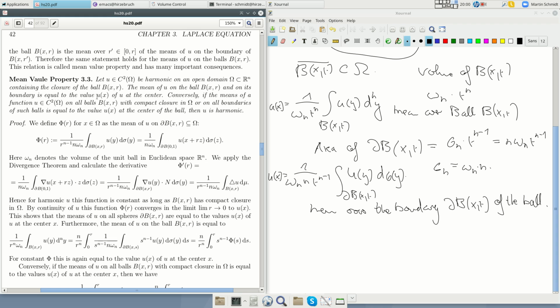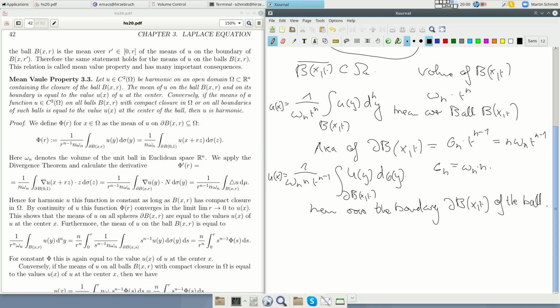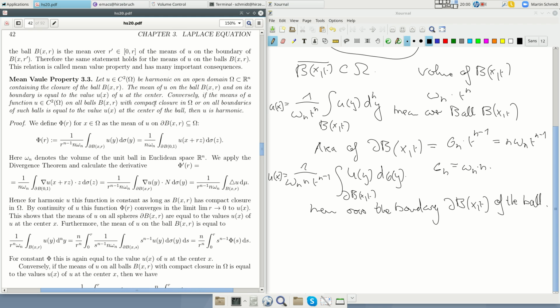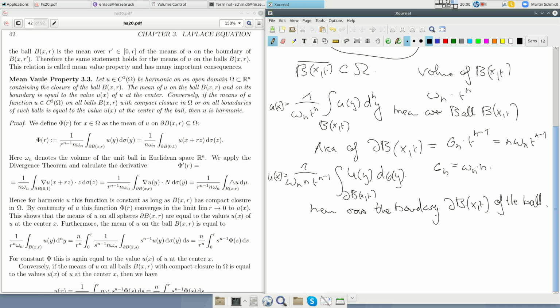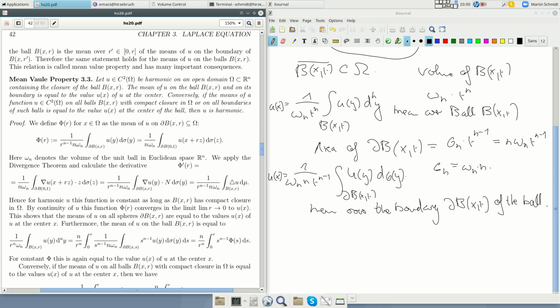If the mean over all balls whose closure is a compact subset of omega is equal to the value u(x), or if this holds for the means over the boundaries of all balls, then u is harmonic.